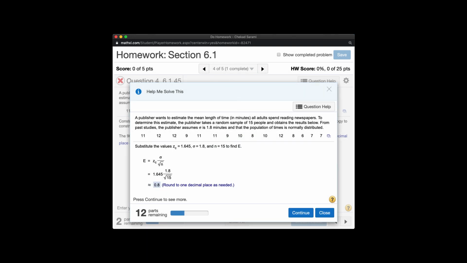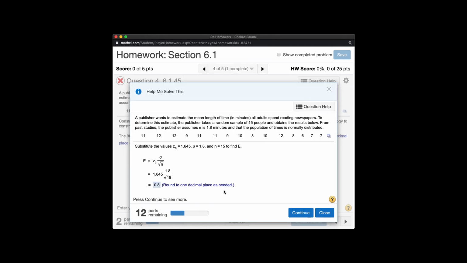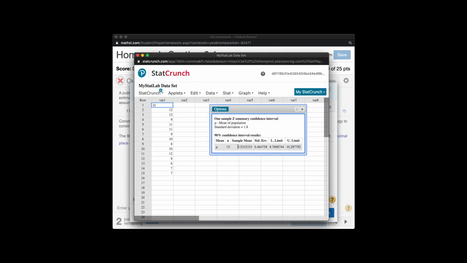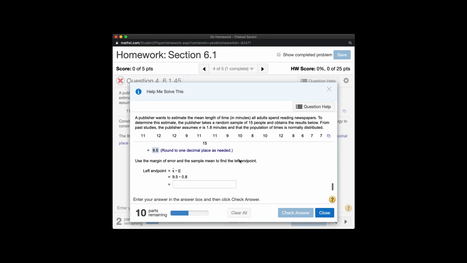Okay, let's look at StatCrunch. The sample mean is 9.53. Round to 1 decimal place, it should be 9.5. Good.